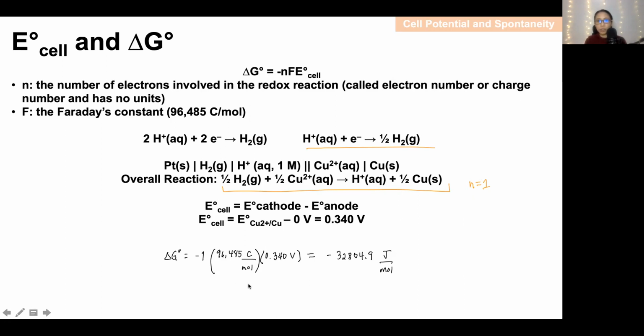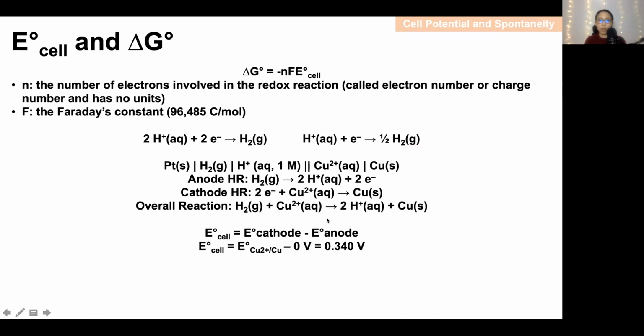We get a delta G that is half of what we computed in the previous consideration, the one where we balance the redox reaction with 2 electrons. So always remember, your cell potential refers to the balanced redox reaction, but it is not affected by the way you balance your redox reaction, in particular, your electron number.